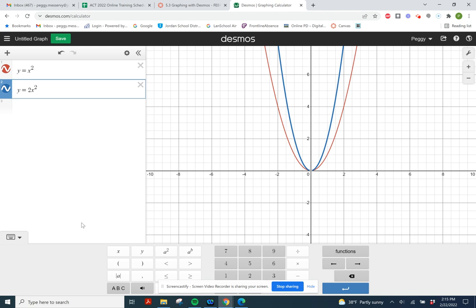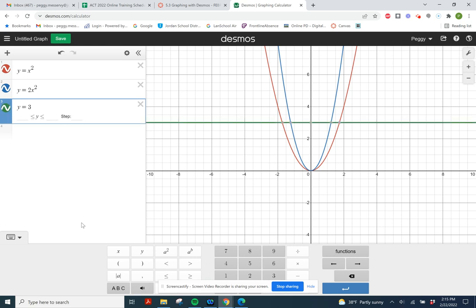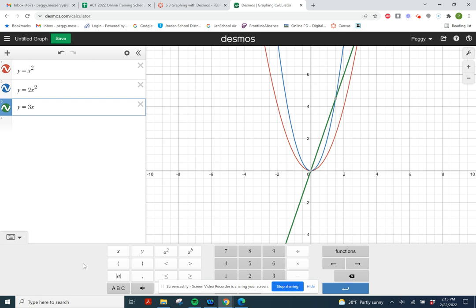Notice what happens. The vertex is still in the same spot, but the new parabola is steeper because we've multiplied all the old y values by 2. So we've made them all twice as big, so it's going to be steeper. Let's look and see what happens if we do y equals 3x to the second power. Oh, it's even steeper.